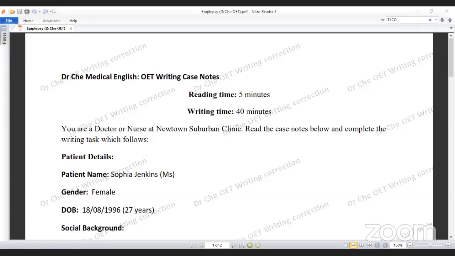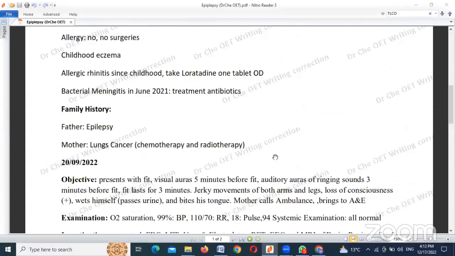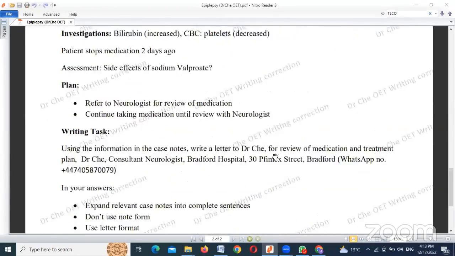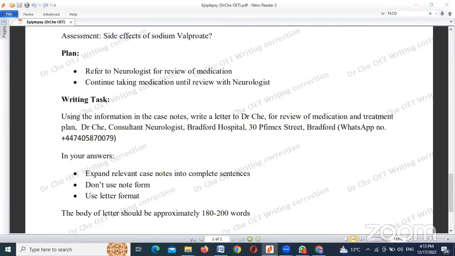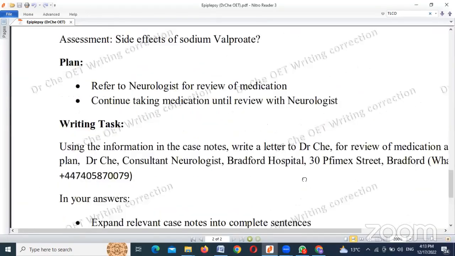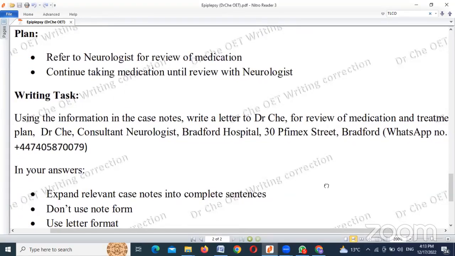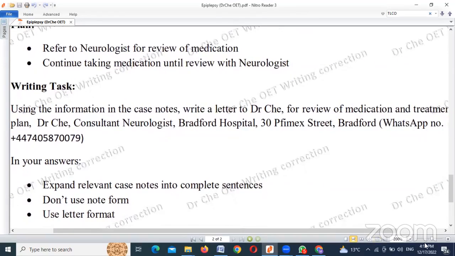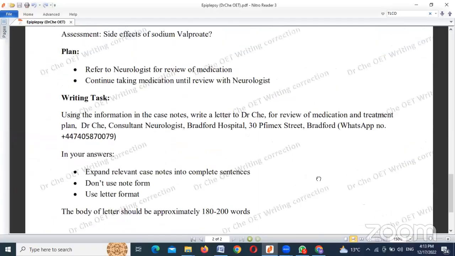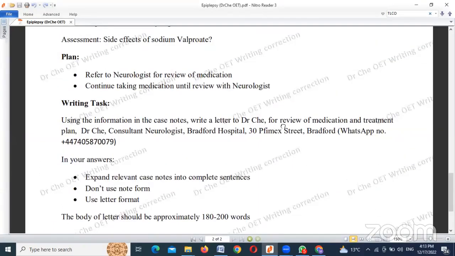In the writing task: using the information in the case notes, write a letter to this doctor, for review of medication and treatment plan. These are my own case notes. This is the name of the doctor, Dr. Che, consultant neurologist, Bradford Hospital.